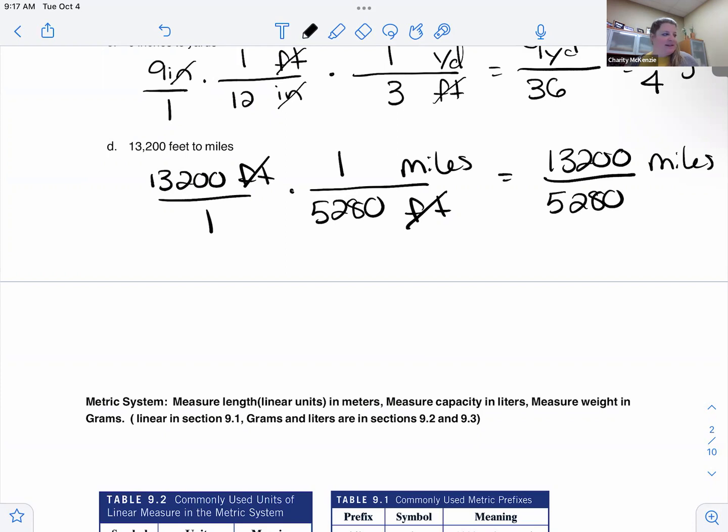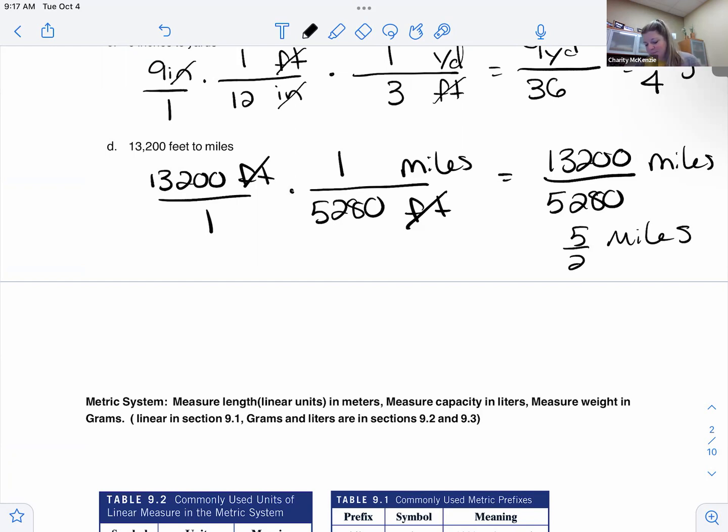I think MI is the conversion for miles. So 13,200 divided by 5,280 is 5/2 miles. That sounds weird, but that's okay. So what is that? 2.5 miles. So I just ran 2.5 miles if I ran 13,200 feet.